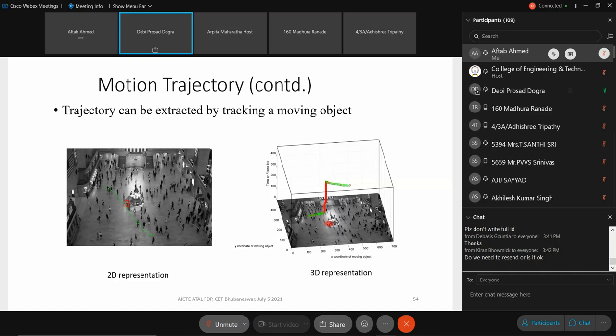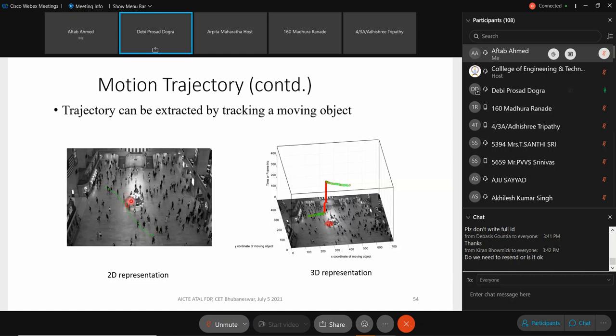The person may have started from this location and moved here, or maybe started from this location and moved to that location.